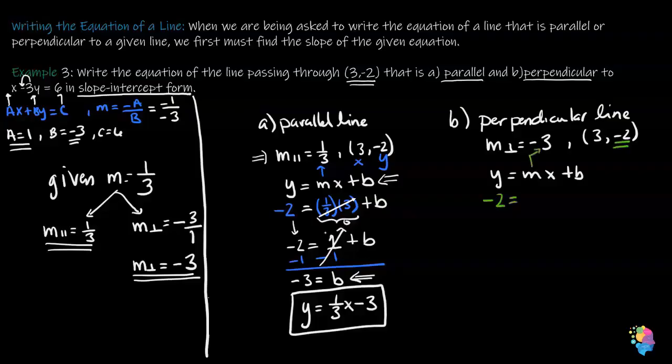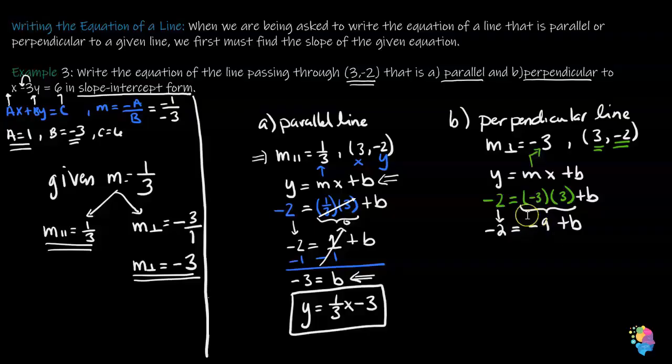The slope is now -3. X is 3, and we don't know the value of b. From left to right, I have -2 equals, we multiply -3 times 3. Well, 3 times 3 is 9, and because I have different signs, that is -9 plus b.